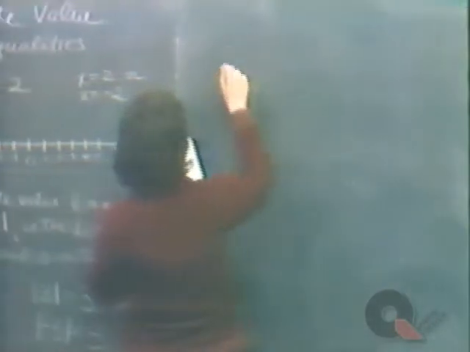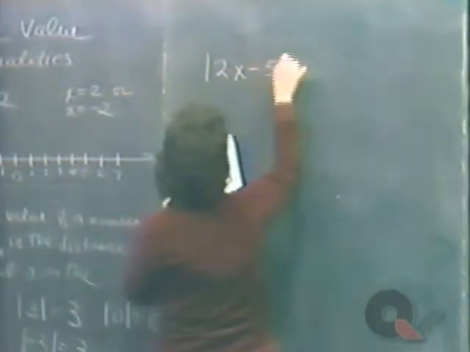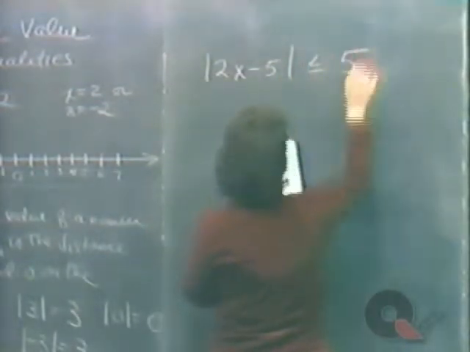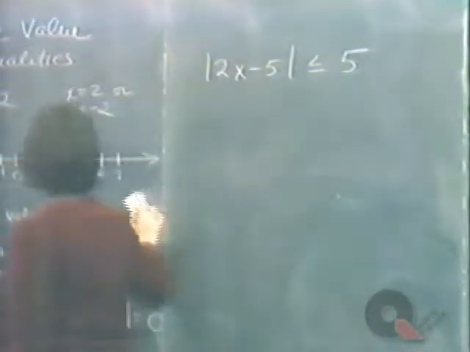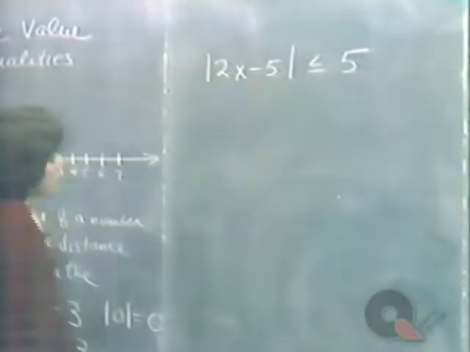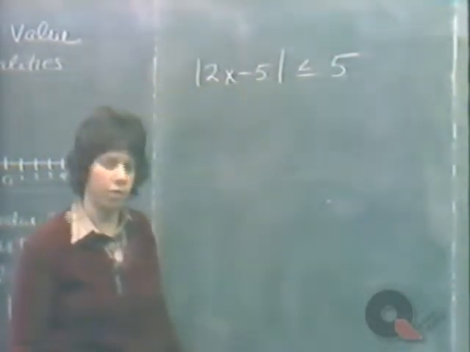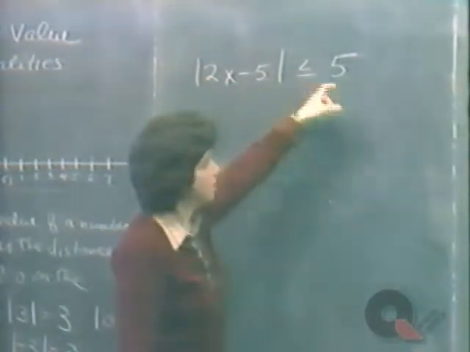The absolute value of 2x minus 5 is less than or equal to 5. Okay, this 2x minus 5 is just a number. The distance between 2x minus 5 and 0 should be less than or equal to 5.